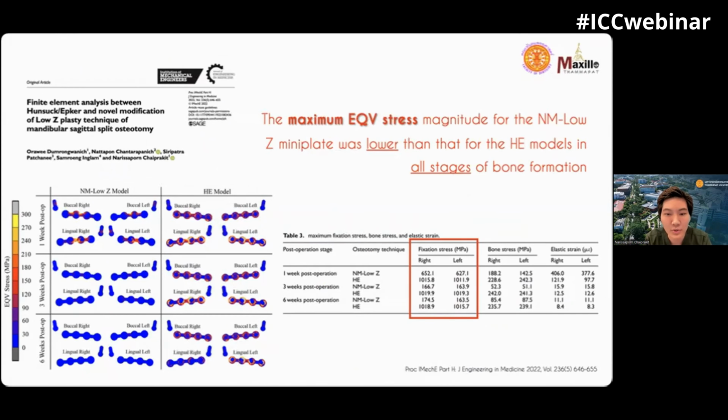The strain distribution is located at the middle area of the miniplate, near the osteotomy line in the first week post-operation in the NM-LowZ model, and it decreased at 3 weeks and 6 weeks post-operation, while the HE model has a distribution pattern along the miniplate that remained almost the same at 3 weeks and 6 weeks post-operative.